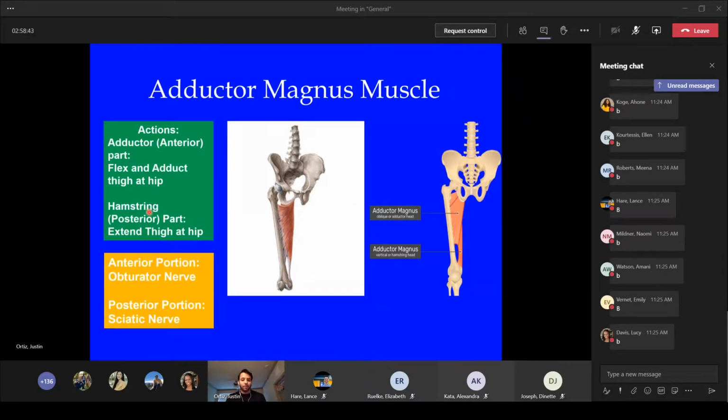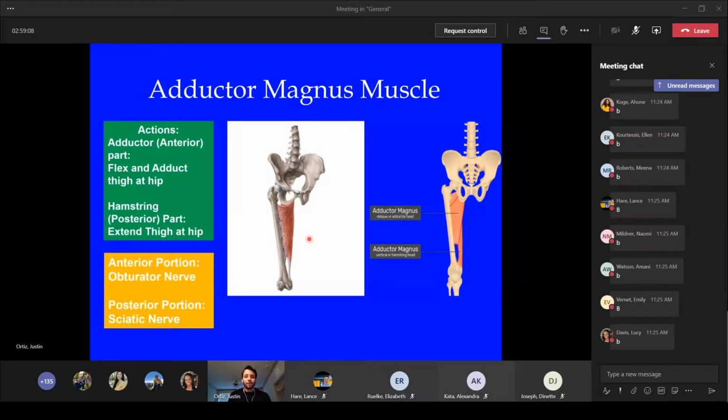The hamstring part, which is also known as the posterior part, is going to extend the thigh at the hip, which is this part right here. But it goes straight up on the posterior side. So you can think, if you pull this portion of the adductor magnus, it's going to pull this femur backwards, and it's going to extend the thigh at the hip.